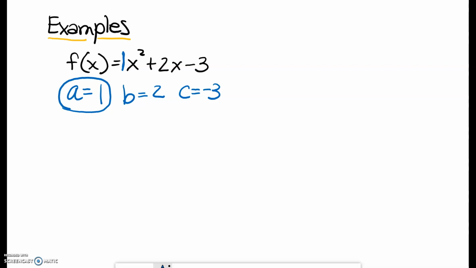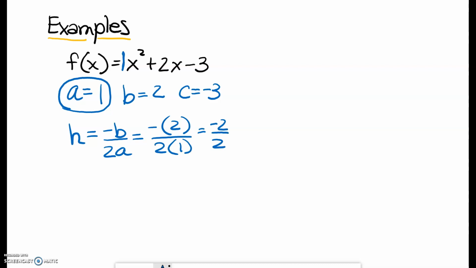So now I'm going to go ahead and calculate h. H has a formula of negative b over 2a. So I get negative 2 over 2 times a, which is 1. That's negative 2 over 2, which gives me a negative 1. This is my h value. K, how do I calculate k?